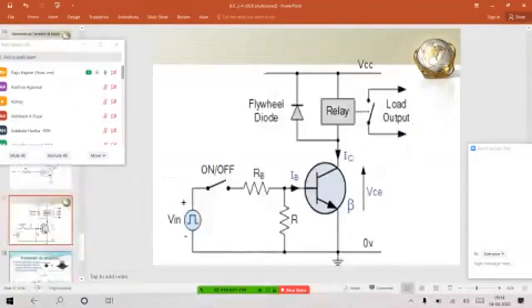Next, one more very important application. Here, instead of a motor, I have connected a relay, and a relay is again a switch.